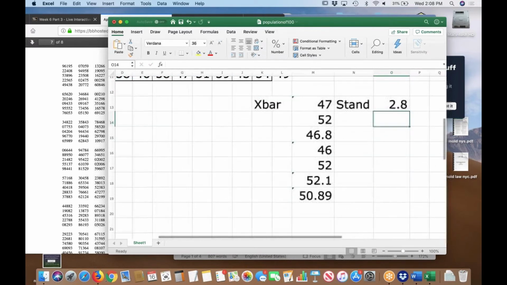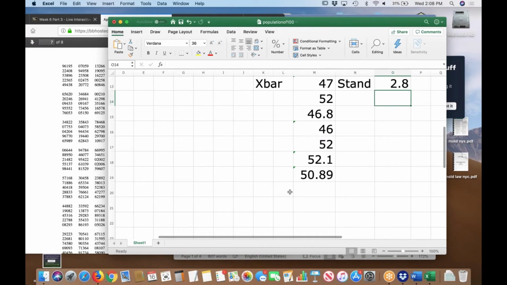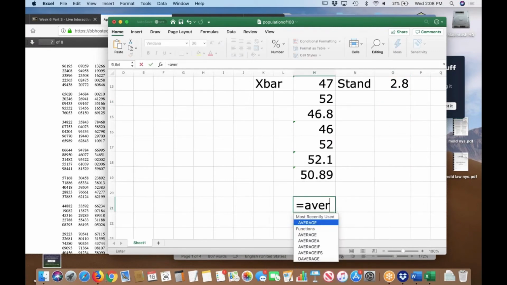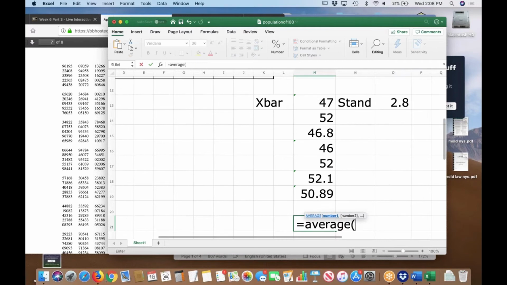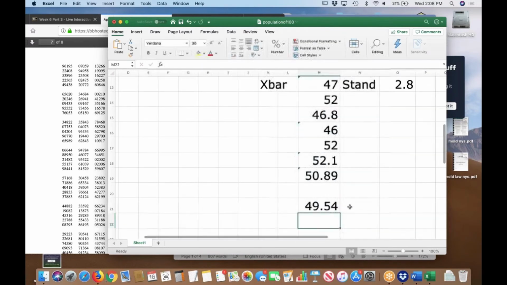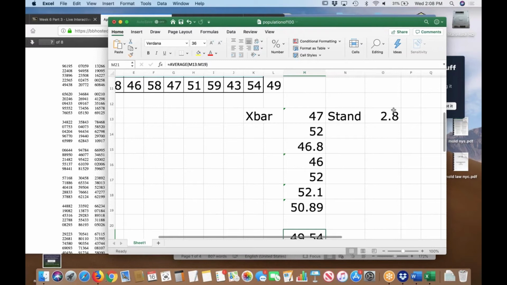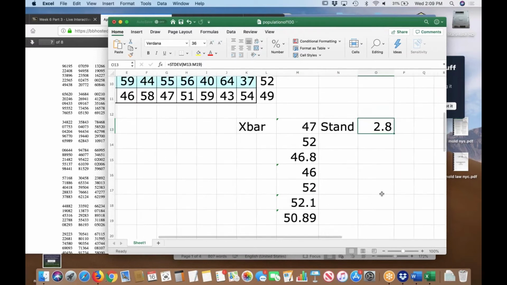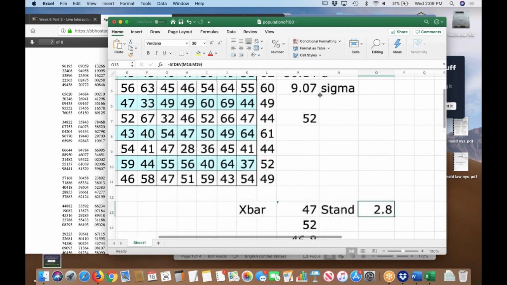Well, it's very interesting. Let me find the average of all these averages. The average of all those averages turns out to be, wow, remarkably close to the population average. Well, what about the standard deviation of the values that I got? How does that relate to the population variability?